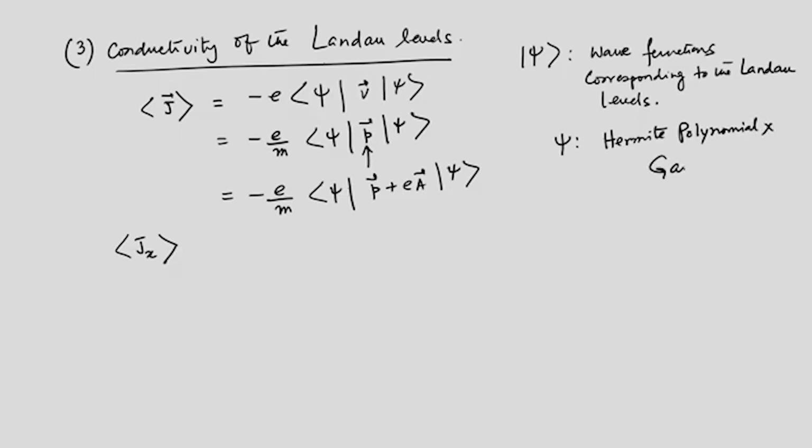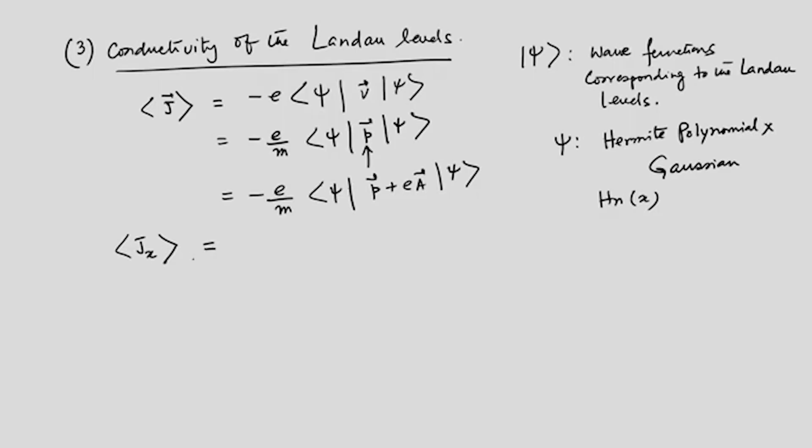The Hermite polynomials, written as Hn, have this property: if n is even, it's an even polynomial of x, and if n is odd, it's an odd polynomial of x. Which means that if you change x to minus x, for n even it doesn't change sign, but for n odd it changes sign.